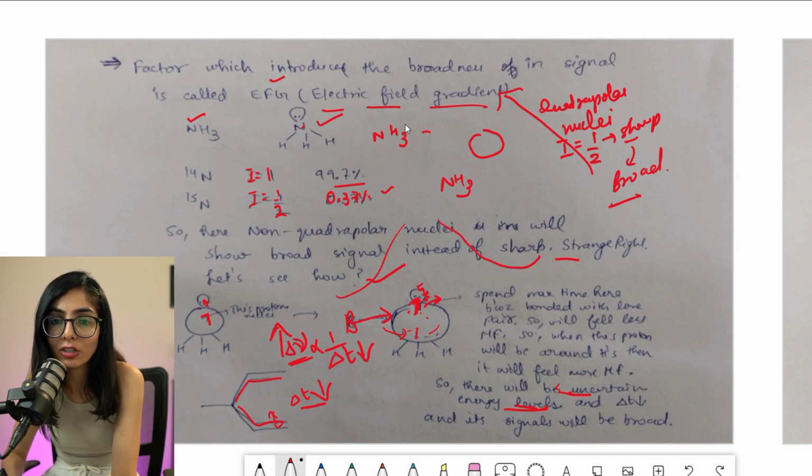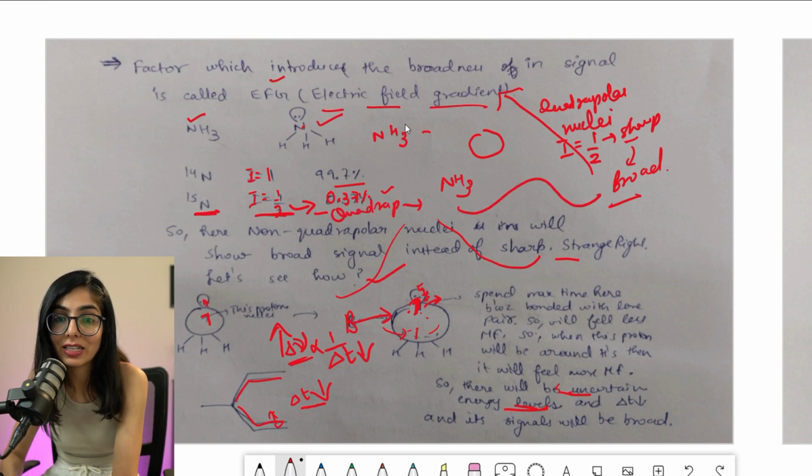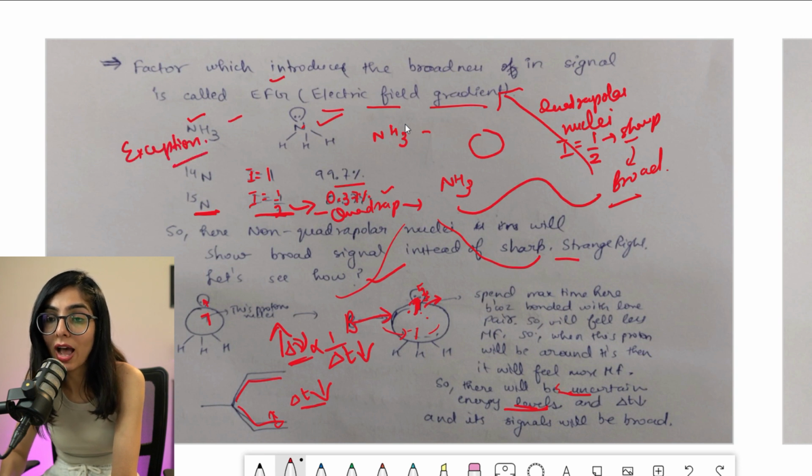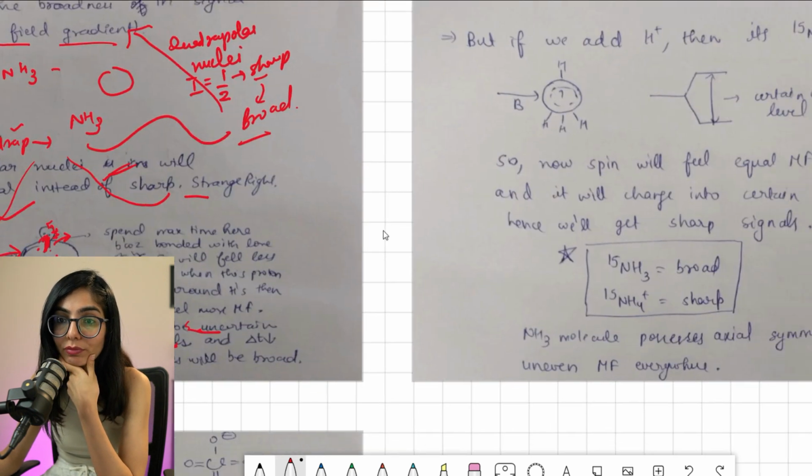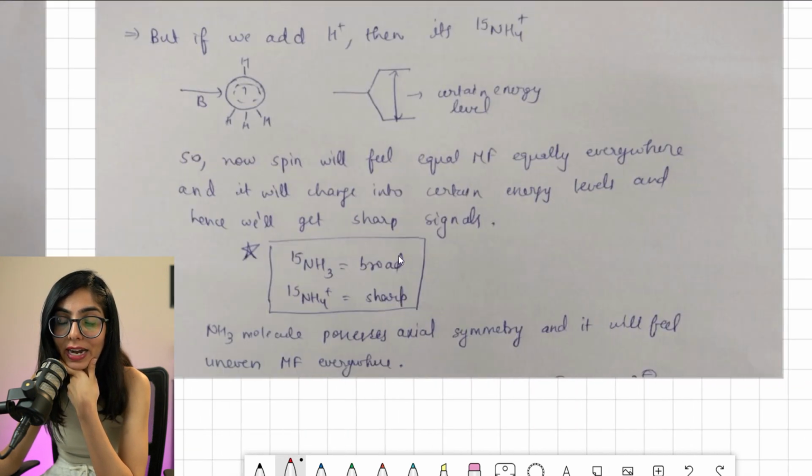So here, 15N, I equal to half, is a quadrupolar nucleus, but still we are getting a broad signal. This is an exception. Whenever axial symmetry is there, it will happen. So remember that. There is one more example.